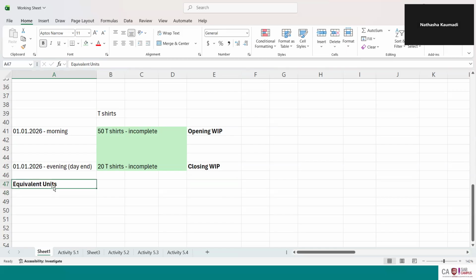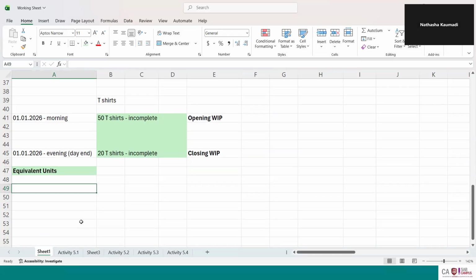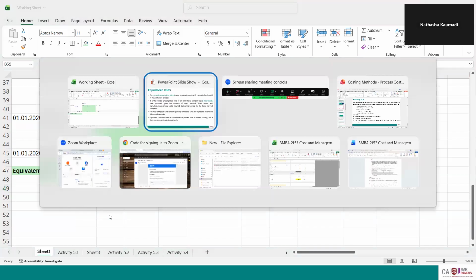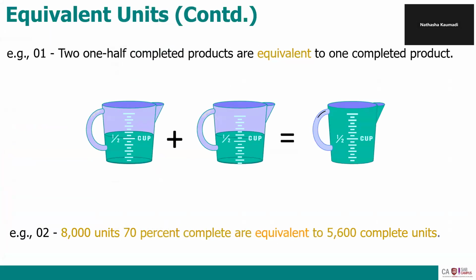Equivalent units is a mathematical computation, hypothetical computation, imaginary computation, not in real terms, not physically available, but mathematically we just calculate equivalent units. It's something like this. Now, I will show you the diagram first.